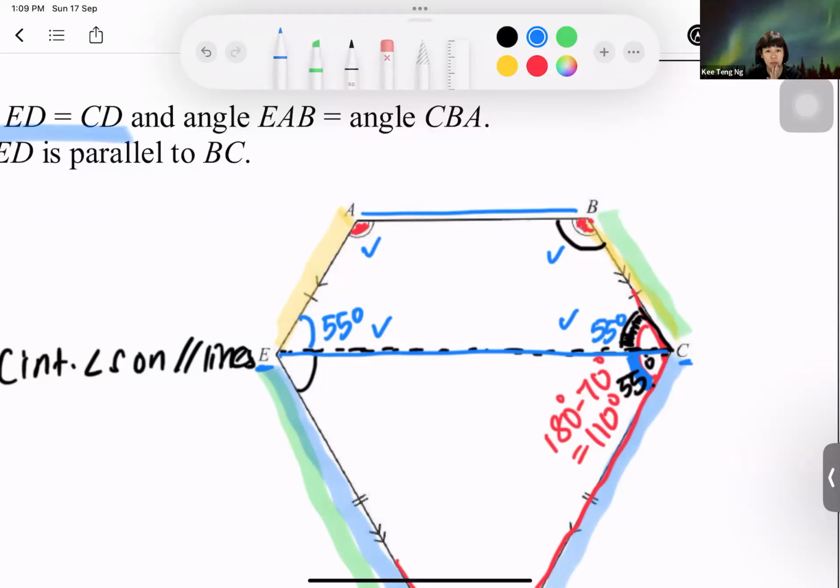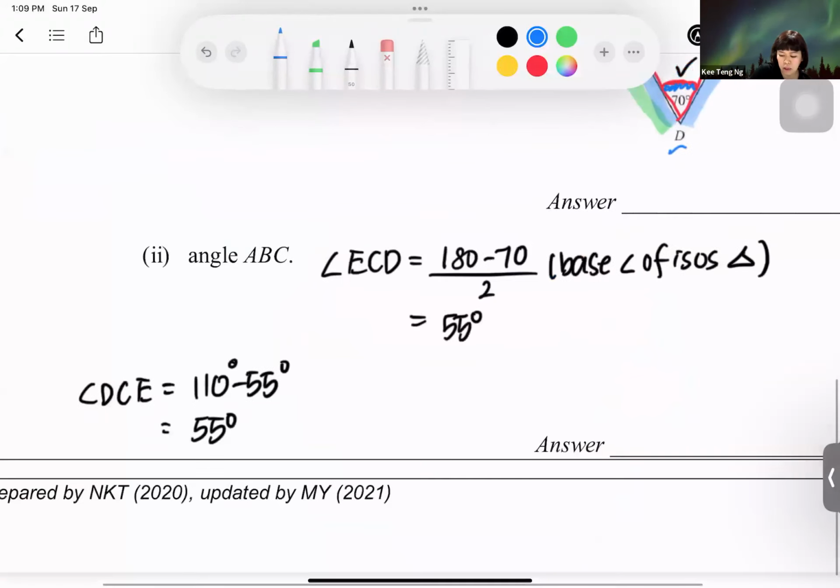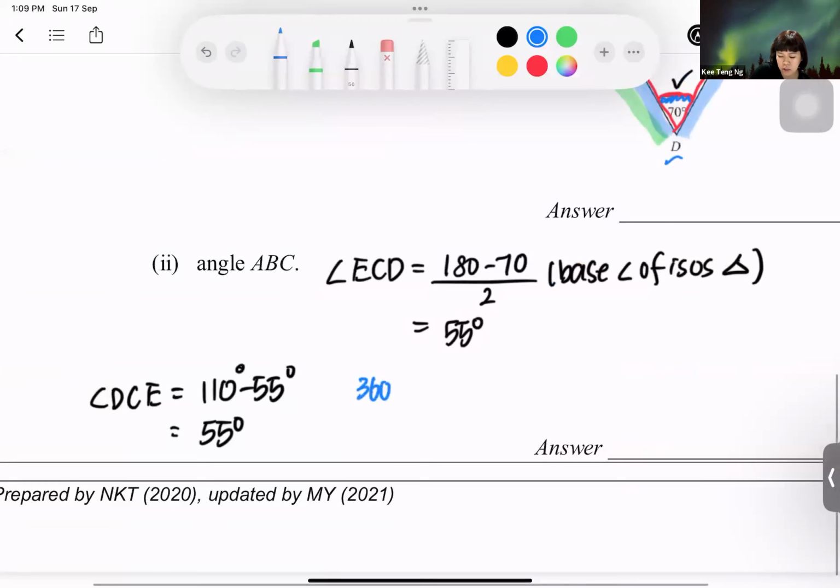The total angle is 360 degrees for a quadrilateral. So I take 360 minus 55, minus 55, which is 360 minus 110, that is 250.